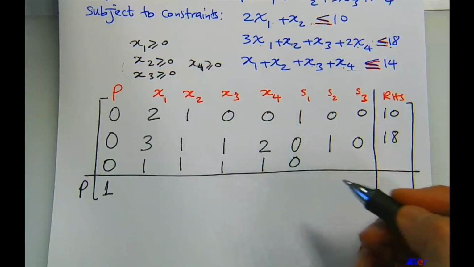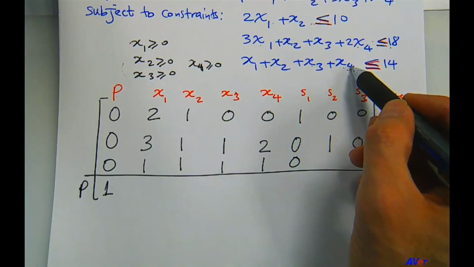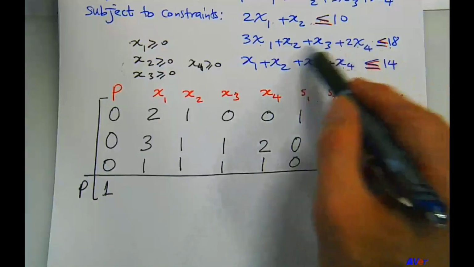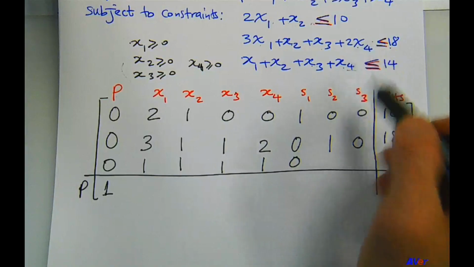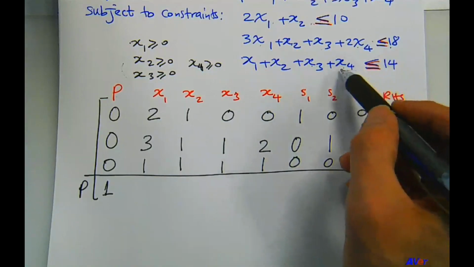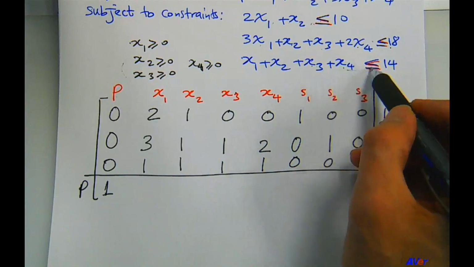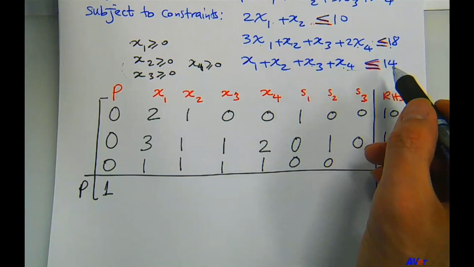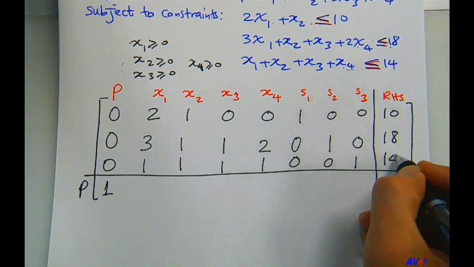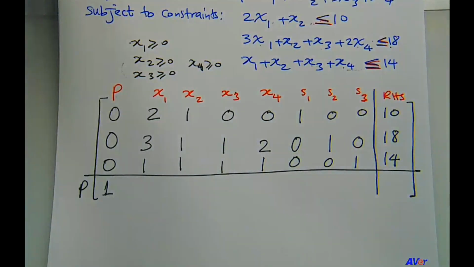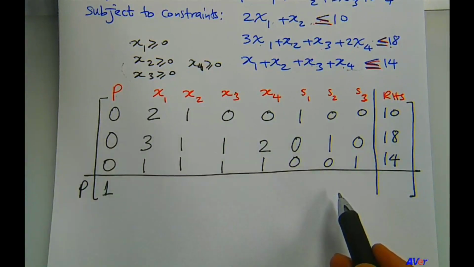So it's going to have a 0 coefficient here. Is there going to be s2 here? No. S2 was used in the other upper inequality, so 0 again. Is there going to be S3? Yes. S3 is needed to convert this inequality into an equation, so with coefficient 1, and of course the constant 14. So we're done with the coefficients of constraint inequalities.